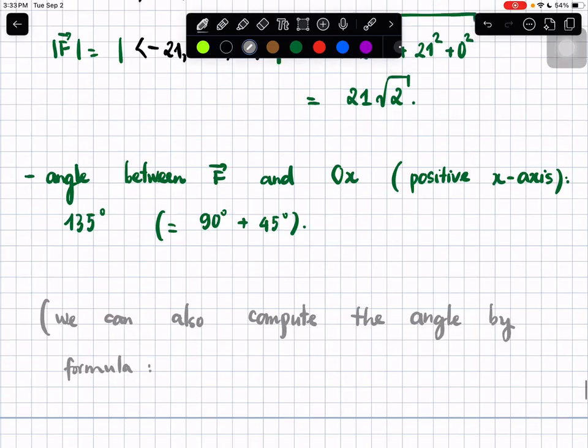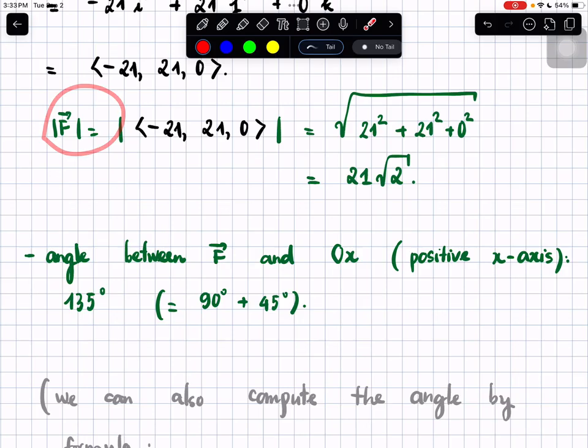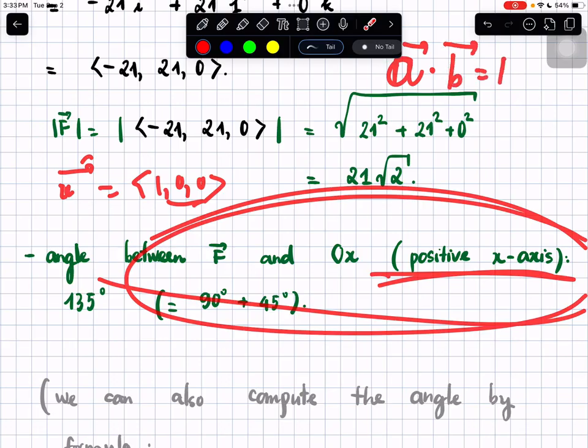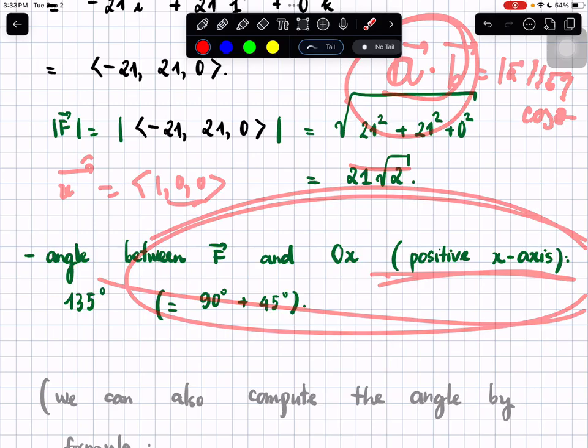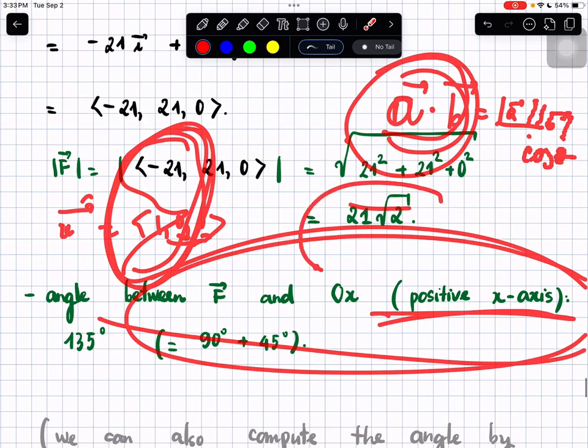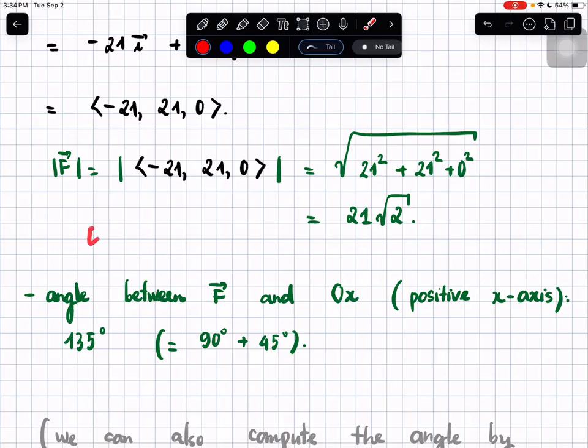We know that vector F is this vector, and the vector I, corresponding to the positive x-axis, is 1, 0, 0. Using the formula A dot B equals length of A times length of B times cosine of the angle between them, we can compute A dot B. In our case this is minus 21, because of the zeros. The length of A is 21 square root of 2, and the length of I is 1.